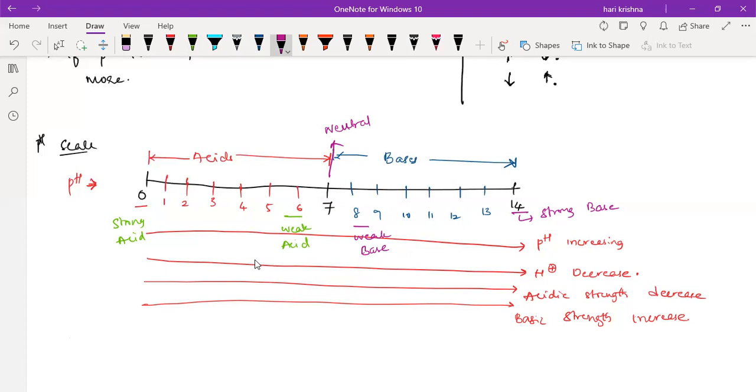So we'll write it here. Acidic nature from 0 to 7. Neutral is 7. Basic from 8 to 14. Or you can say less than 7, exactly 7, greater than 7.